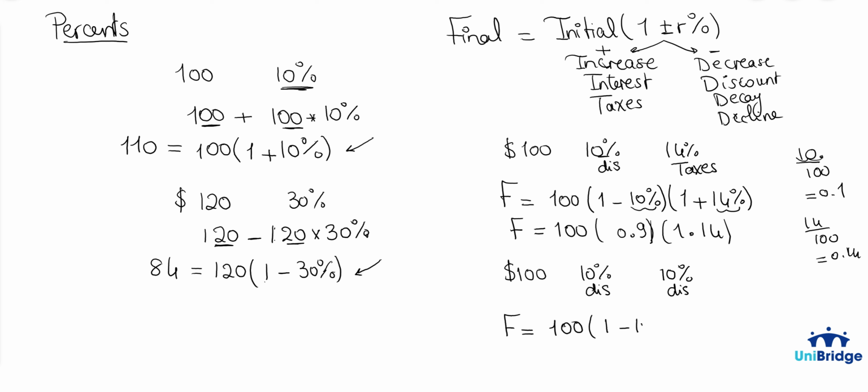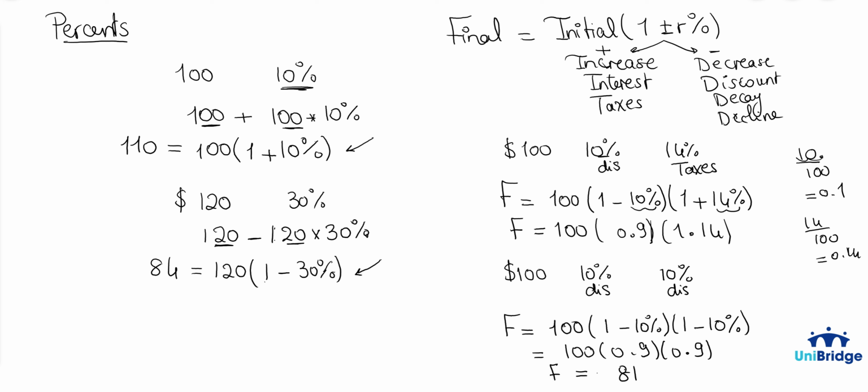You have 2 discounts, and we said that we're going to do them separately. So you multiply by 1 minus 10%, and then by another 1 minus 10%. So this is 100 multiplied by 0.9 multiplied by 0.9, which gives me 81.